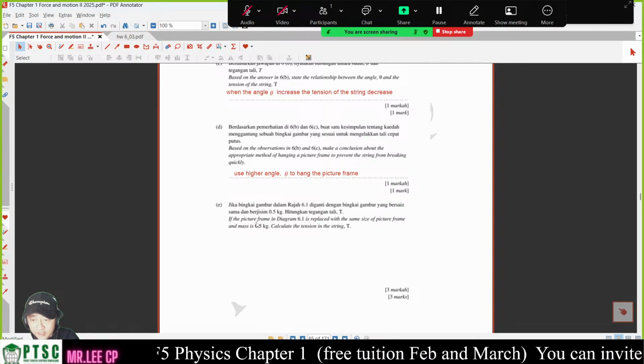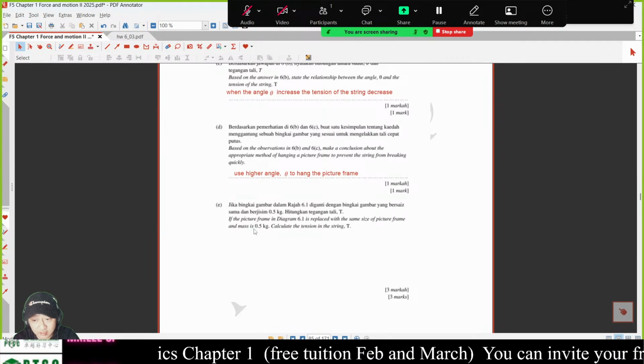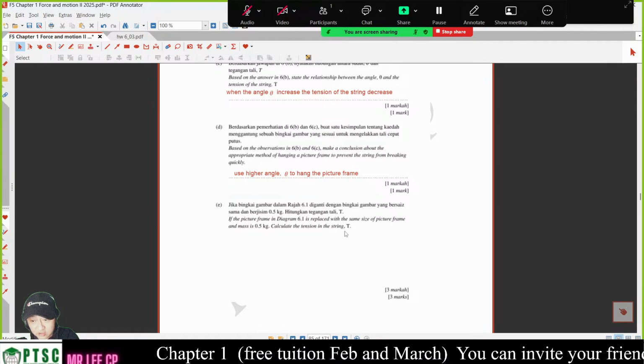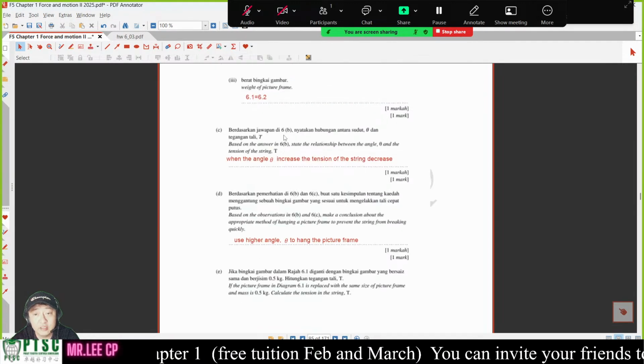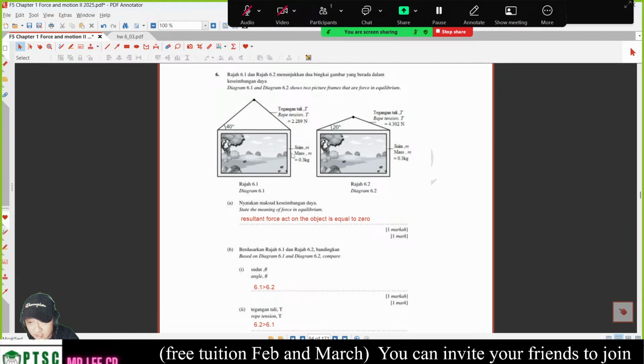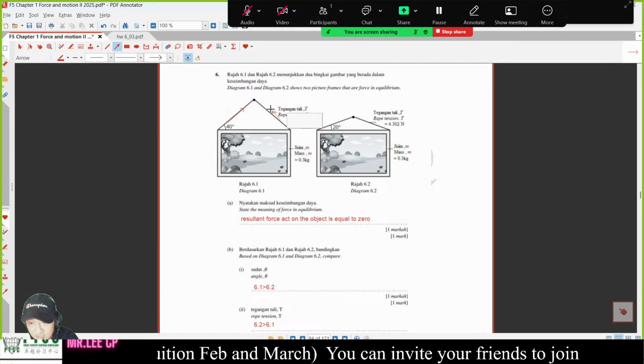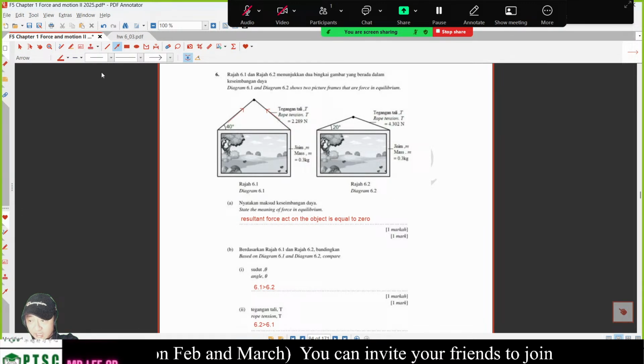Now, if the picture frame in 6.1 is replaced with the same size of picture frame and mass is 0.5 kg, calculate the tension. So now this one is 0.5, right? Here is 0.5. Now this is T, this is T. I calculate here, later I bring it down.